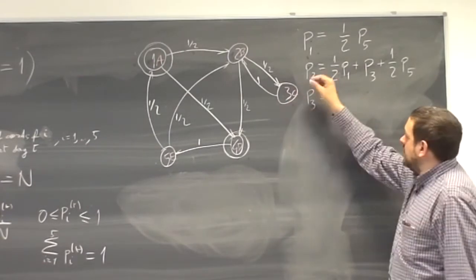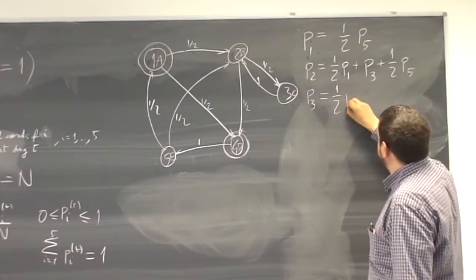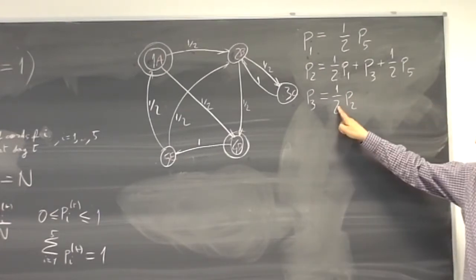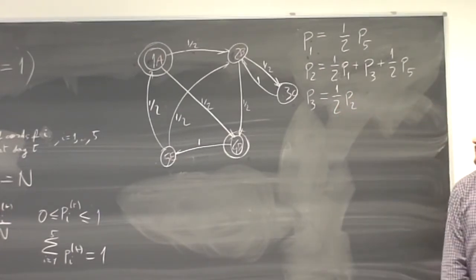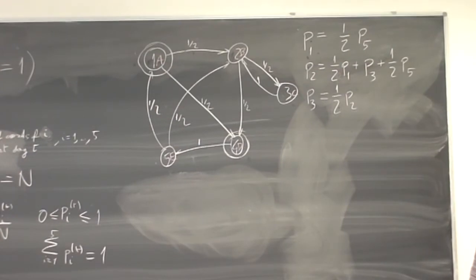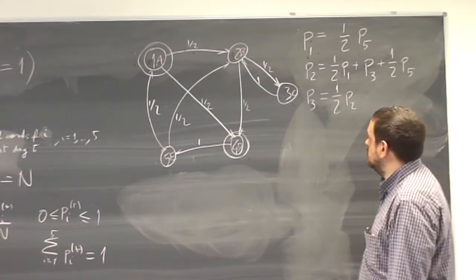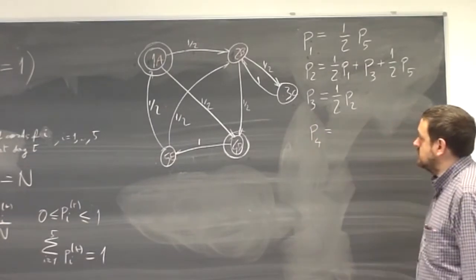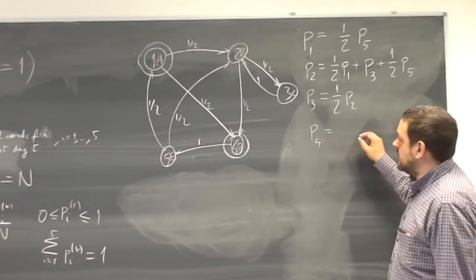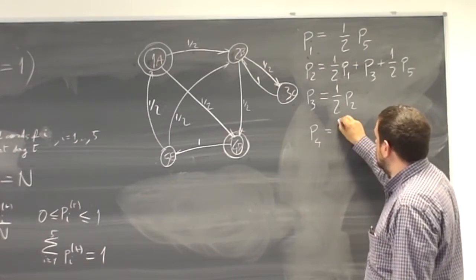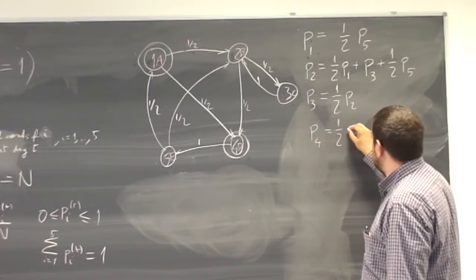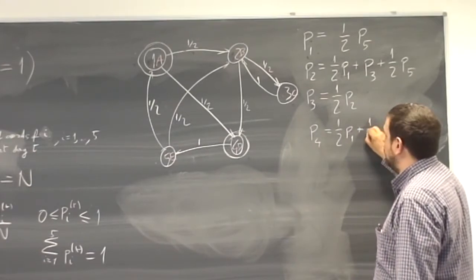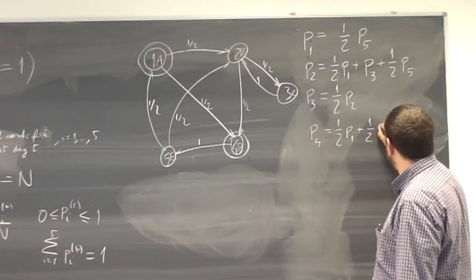Next, player 3 receives half of the cards of player B. Player 4 receives 1/2 of his cards from player 1 and 1/2 of his cards from player 2.